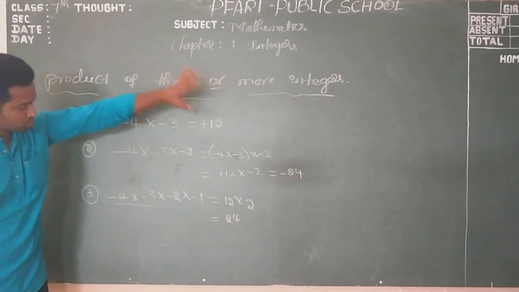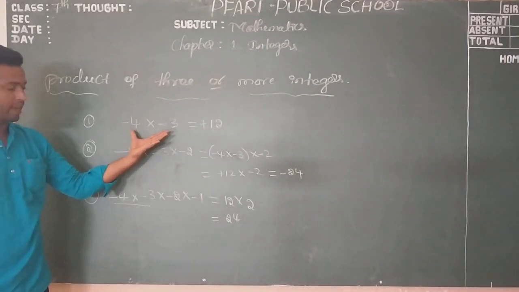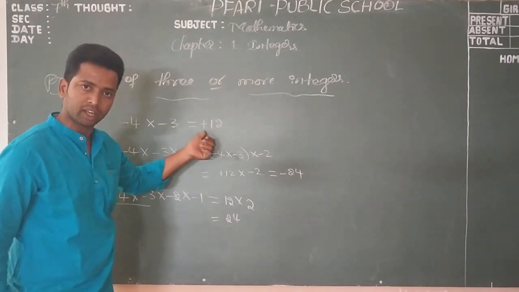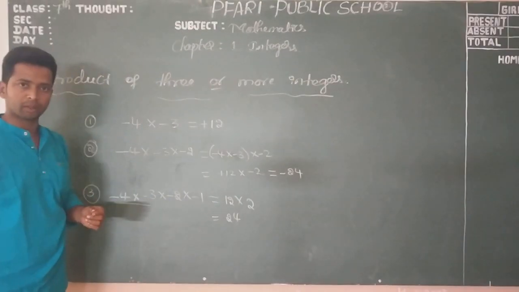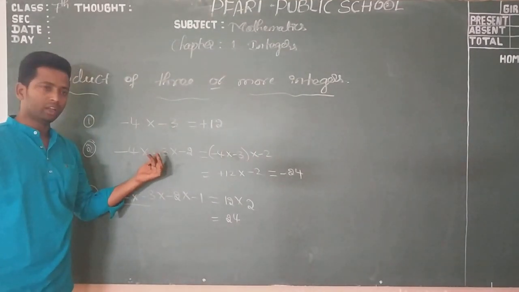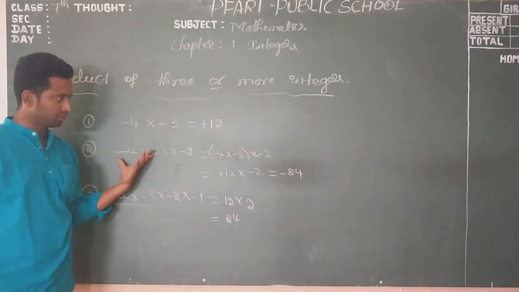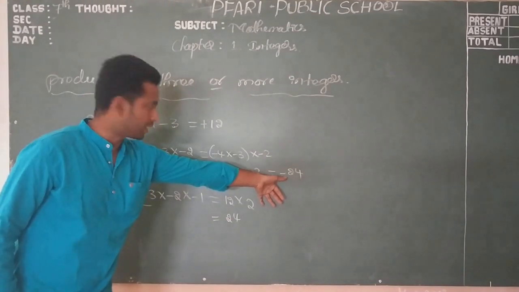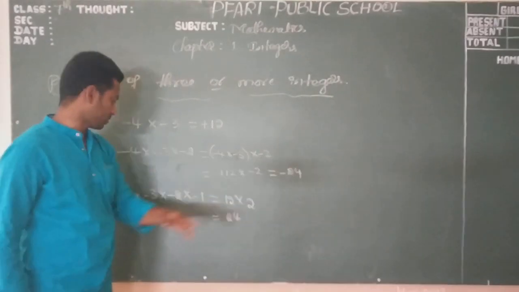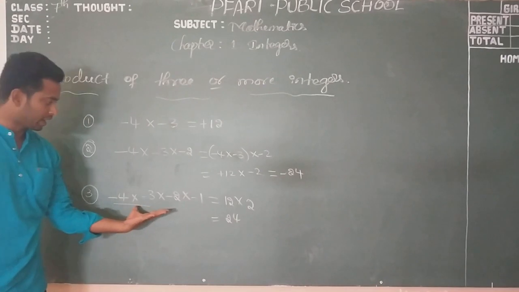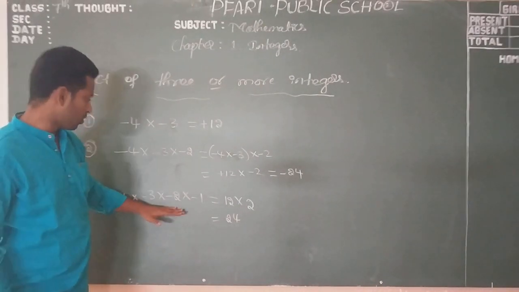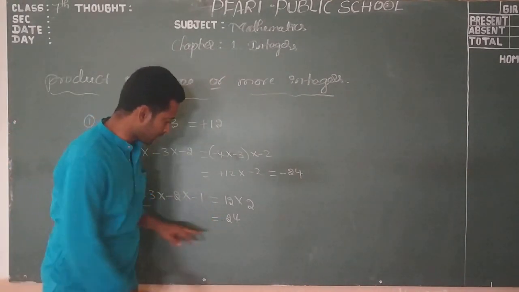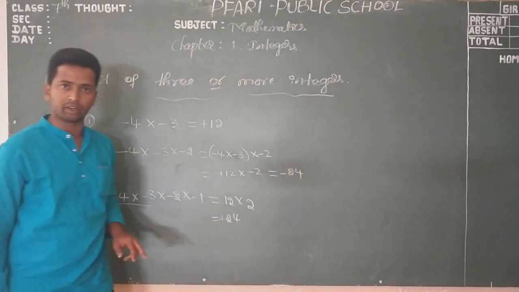Here you observe that when we take two negative integers, we place the positive sign. When we take three negative integers, we place the negative sign while writing their product. Here we have taken four negative integers, so we place the positive sign.